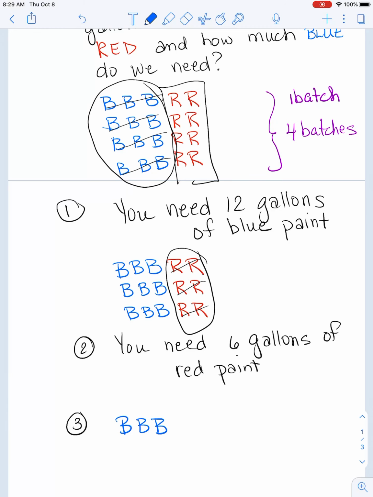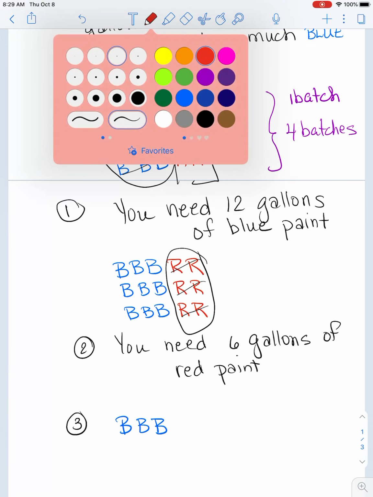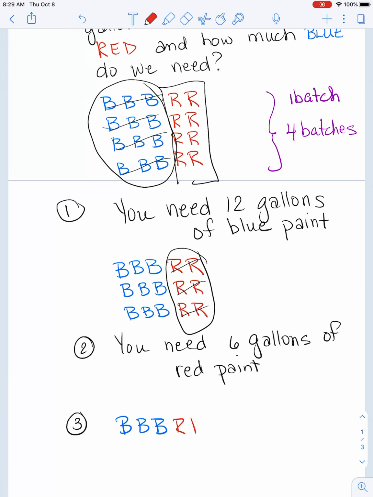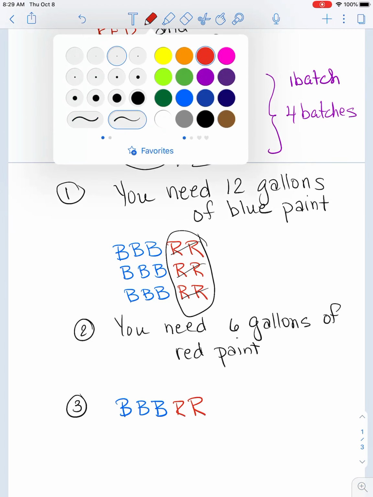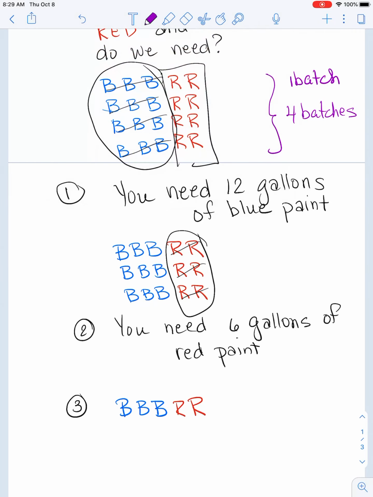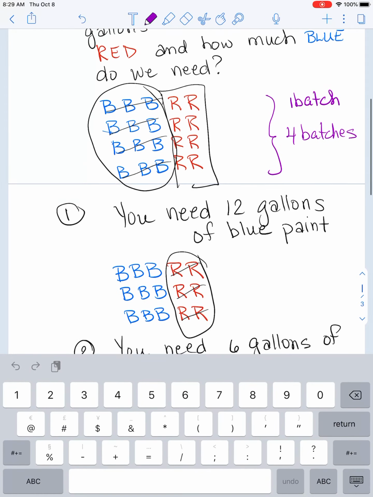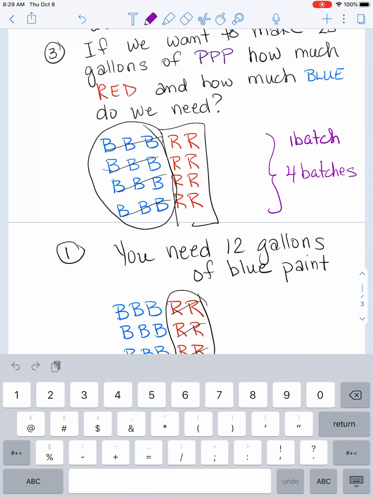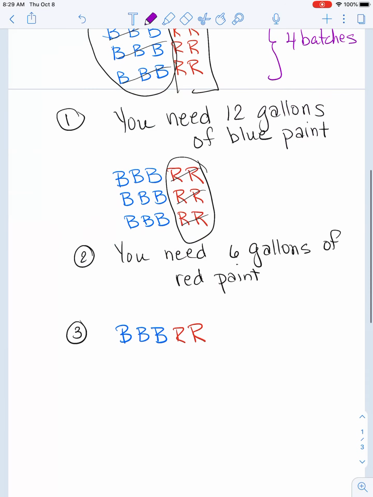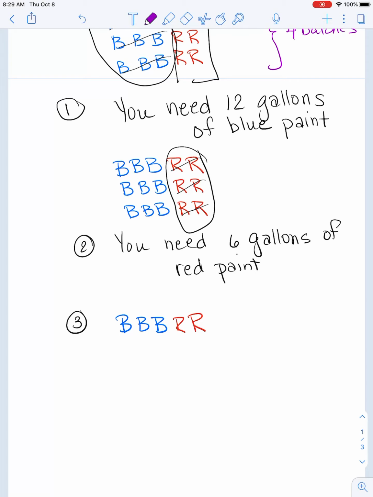Okay, if you'll notice, my original pattern has 3 blues and 2 reds, which is 5 gallons of purple.